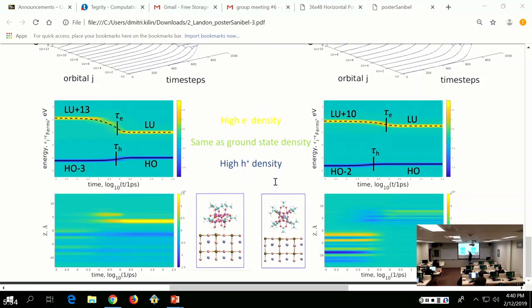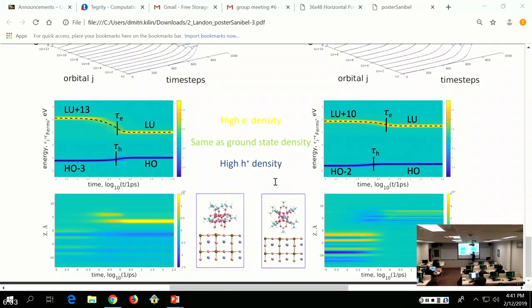The darker blue and purple color represents a positive charge localization, so that'd be a high hole density. The brighter yellow and orange represents a high electron density. These top graphs both show the energetic distribution of charge as a function of time. The time axis is logarithmic, by the way. And then these bottom ones represent the spatial distribution of charge in the z-axis.